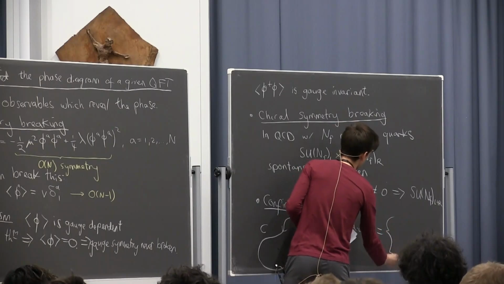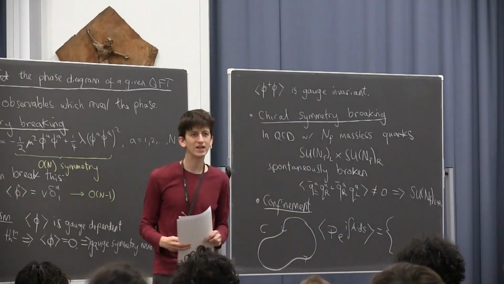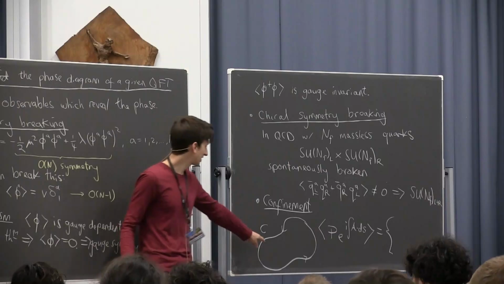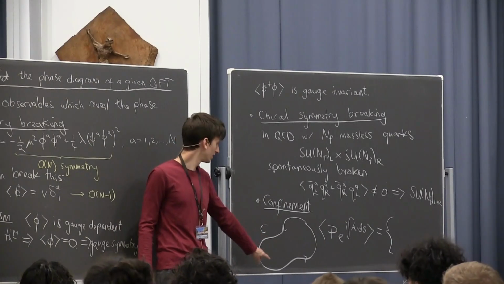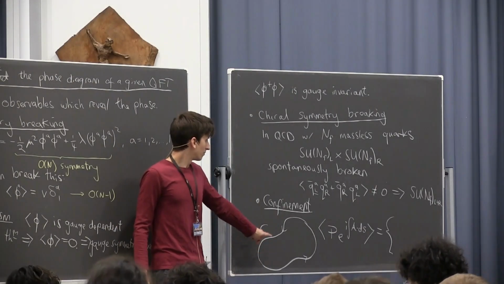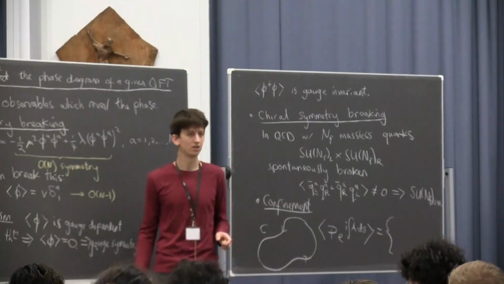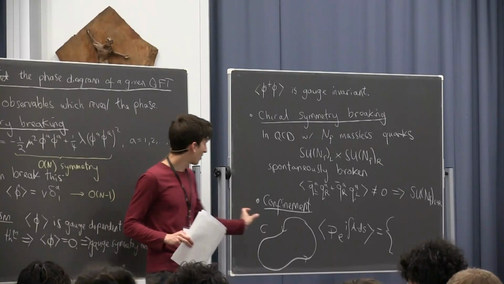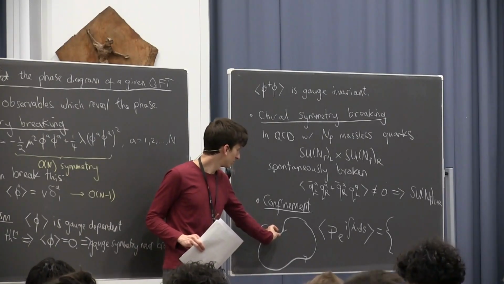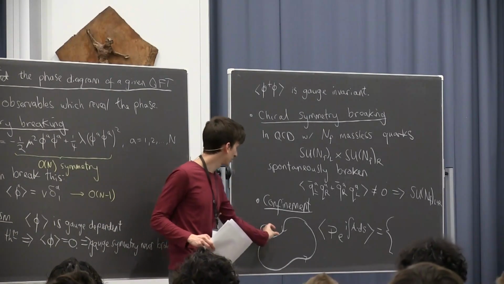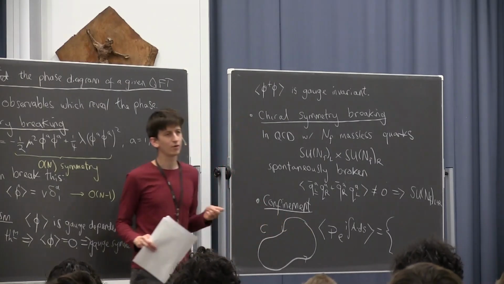The way to think about this, if we're in a deconfined phase, and I take this curve to be extremely large, the expectation value of this operator should decompose into somehow something local which follows this path.